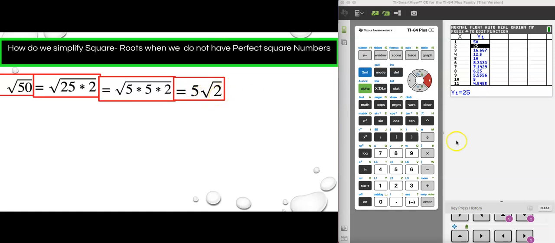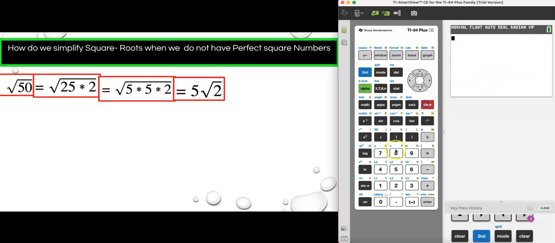Just for giggles, because all we did was simplify this and didn't change the value, I can check it in my calculator. I put in the square root of 50 and hit enter. There's your decimal number.